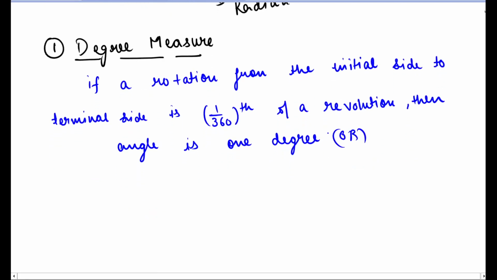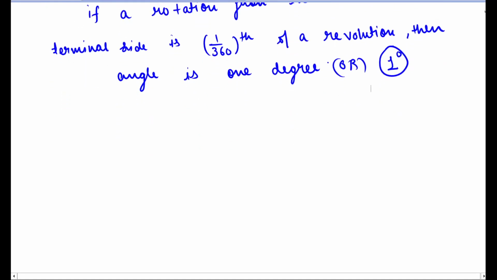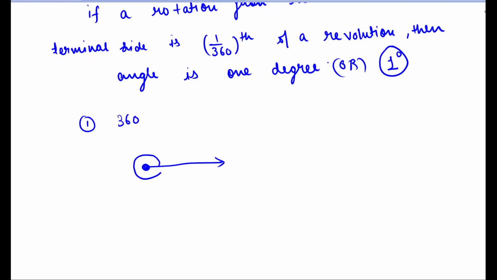Or we can say in mathematical notation, 1 degree. So we have some diagrams to show how to measure angle in degrees. First we have 360 degrees. This is the initial side. This is the vertex. If we rotate it 360 anti-clockwise, we get the same position.